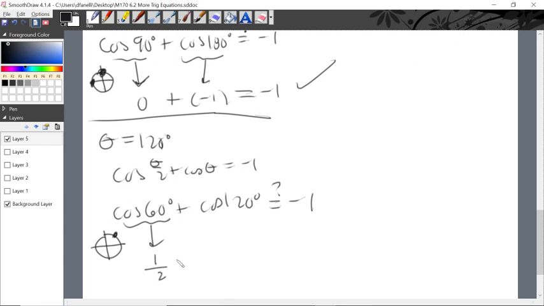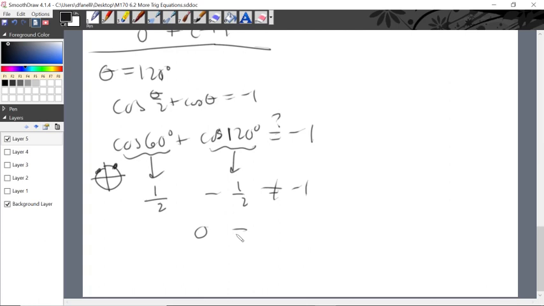That's positive 1/2. The 120 degrees is in quadrant 2. It has the same reference number as the 60 did, but that cosine is going to be negative because it's in quadrant 2, so we get -1/2. But 1/2 minus 1/2 does not equal -1, right? 1/2 minus 1/2 in fact equals 0. 0 doesn't equal -1. So we tag the 120 degrees as incorrect. It is an extraneous solution.